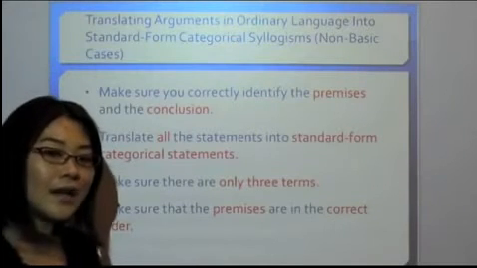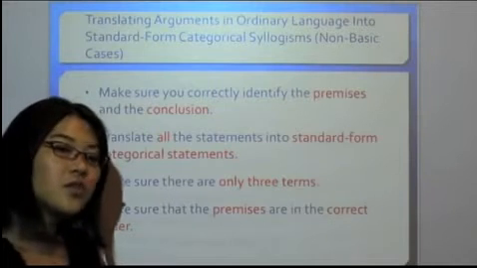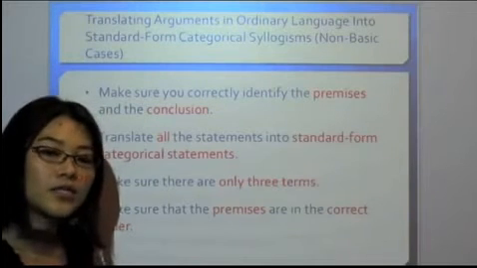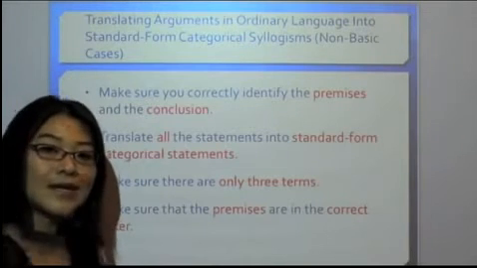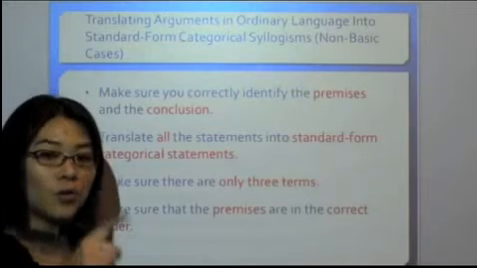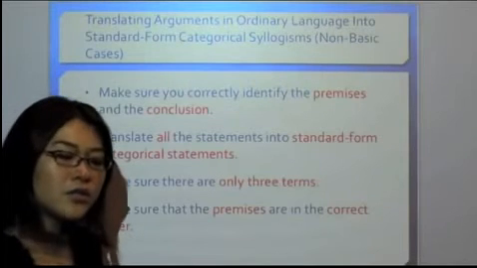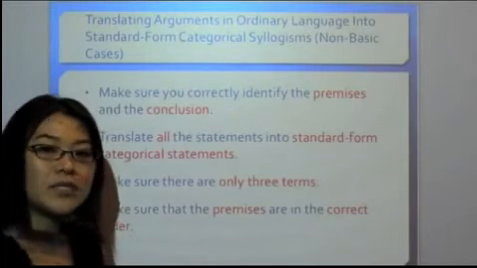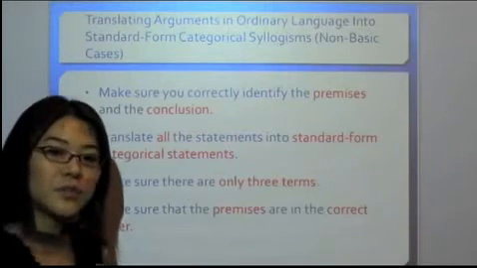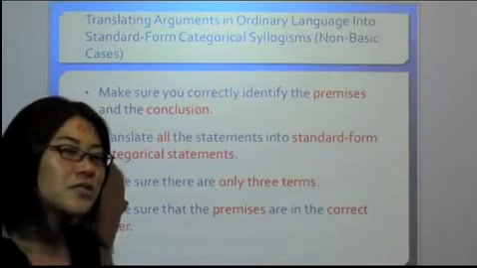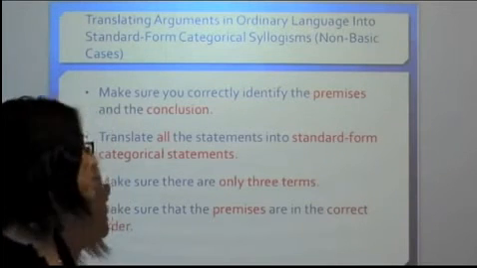If you end up with more than 3 terms, you have to figure out whether you can change at least one of those terms so that the argument has only 3 terms. This usually occurs when you have premises or conclusions that use not only terms but also term complements. We'll discuss this a little further later on.